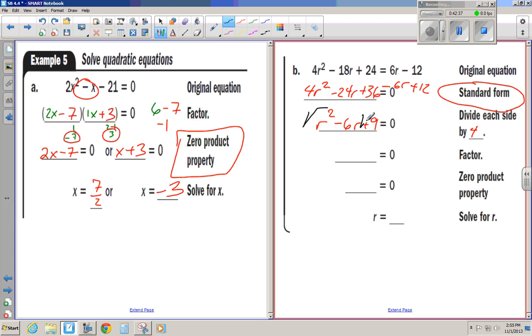We're hoping it looks like that. r times r, and then it should be minus 3. Yep, negative 3 times negative 3, and negative 3 times 2, that's right. So the zero product property says r minus 3 equals 0, so r is 3.